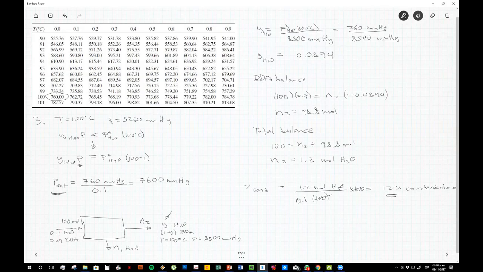So to obtain the saturation pressure at which this fraction of water, the 0.1 fraction of water, would be equal to the vapor pressure of water at 100 degrees, we need to have these two terms equal, right? The partial pressure of water should be equal to the vapor pressure of water at 100 degrees. So that's what we are solving, right? We are solving for the pressure at which the water will start condensing.